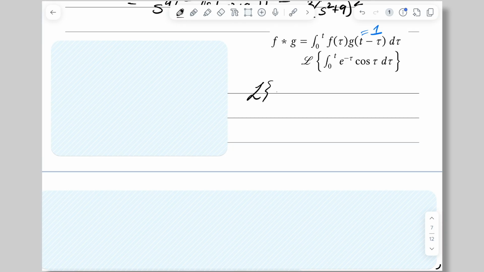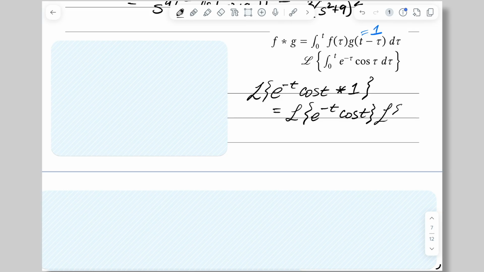It's the Laplace transform of e to the negative t times the cosine of t convoluted with 1. That means the transform of the convolution is the product of the transforms. So we have the Laplace transform of e to the negative t times the cosine of t times the Laplace transform of 1.